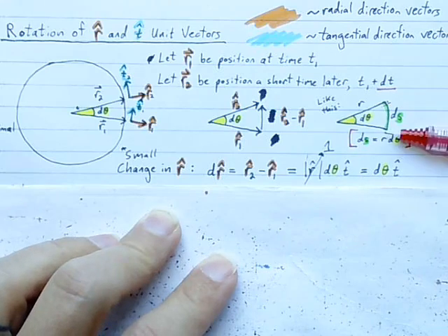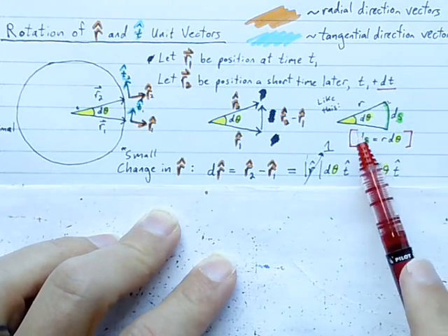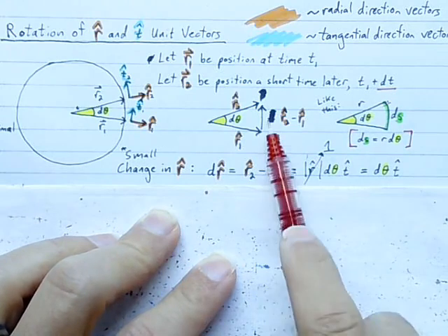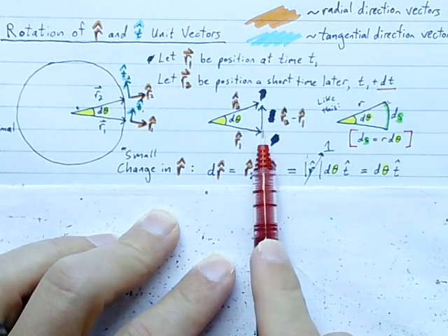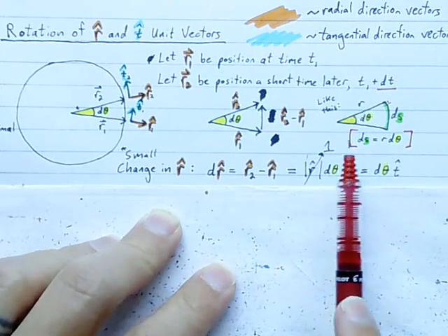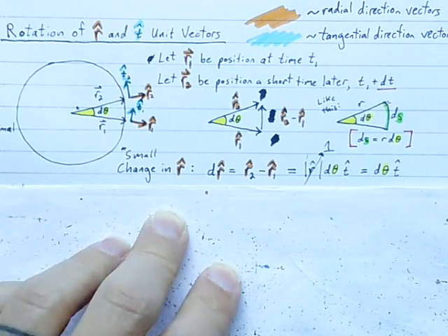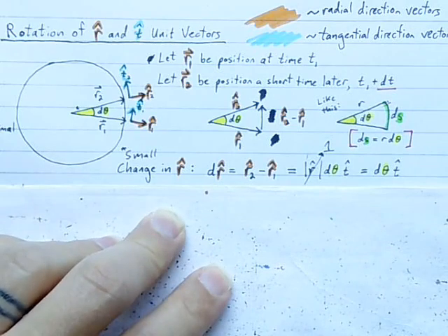This arc length, which is curved, becomes very nearly straight when the slice is very small. So this arc length is well approximated by this little straight vector here. So I'm arguing that these triangles become similar as d theta shrinks to 0, as we're looking over infinitesimally short time intervals.